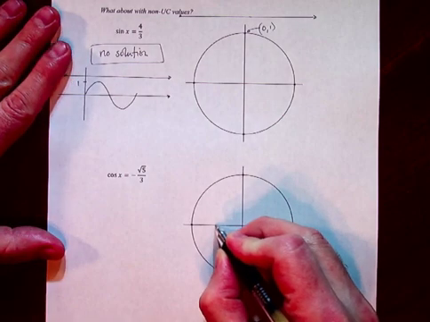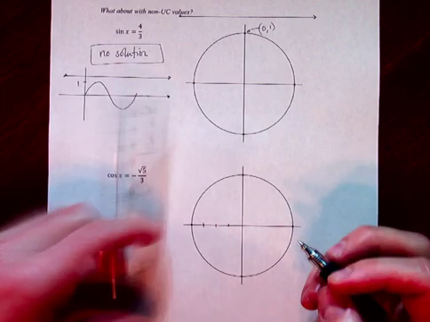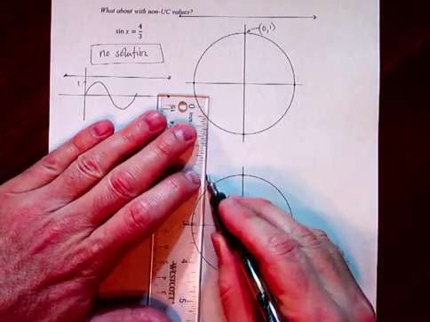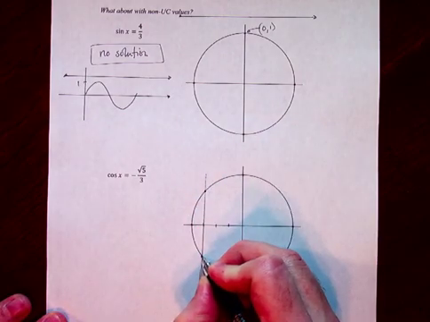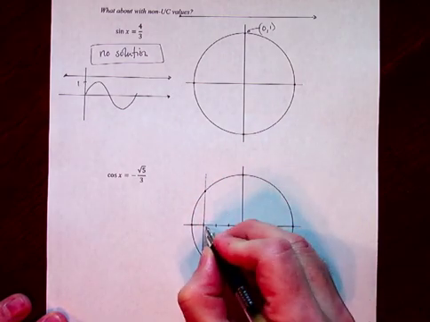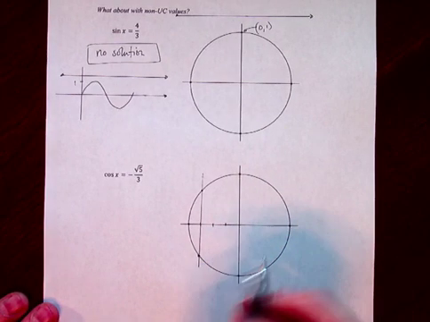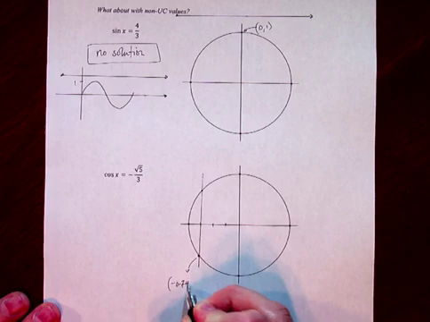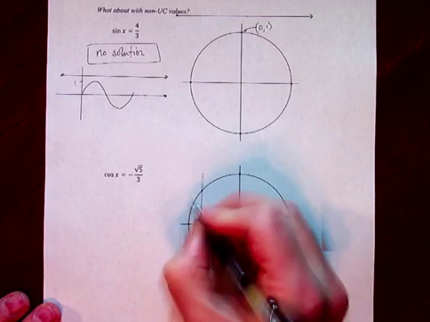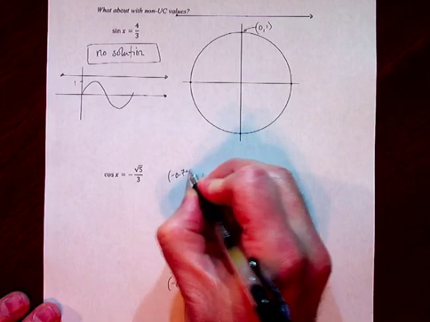And remember that when we're dealing with cosine, we're dealing with x displacement. So it's basically going to be here. And that means that these two points right here correspond to that horizontal displacement. Basically this is going to be an ordered pair that is -0.745, blank, and this is going to be -0.745, blank.